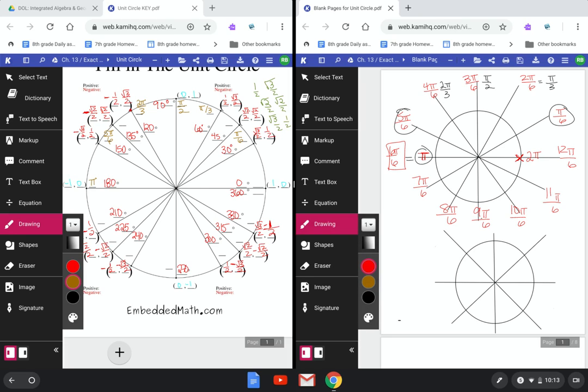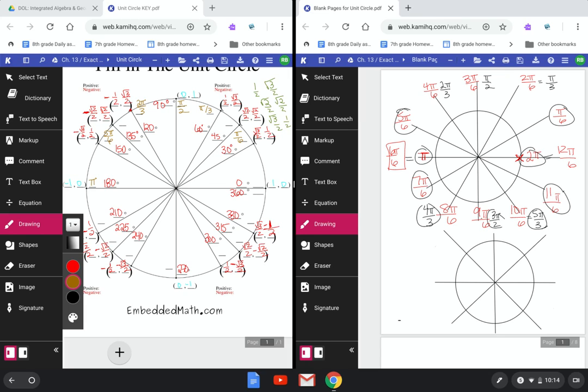In the simplified versions, well, 7 pi over 6 stays that way. This goes to 4 pi over 3. This one goes to, what do we have, 3 pi over 2. This one goes to 5 pi over 3. This one stays, and this one goes to 2 pi.